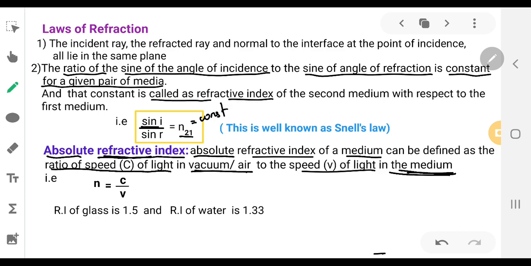So we all know that here n is equal to c by v. We all know that c is the velocity of light in air or vacuum, and v is the velocity of light in the medium. Any medium we can take. Here we'll take a glass medium first, and another one we'll take a water medium.